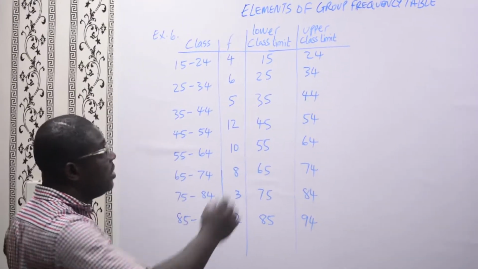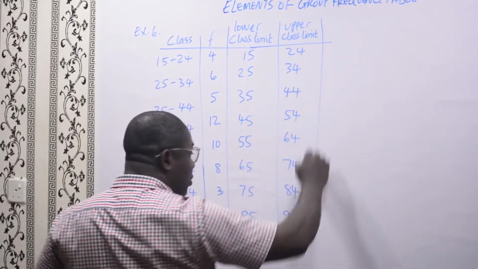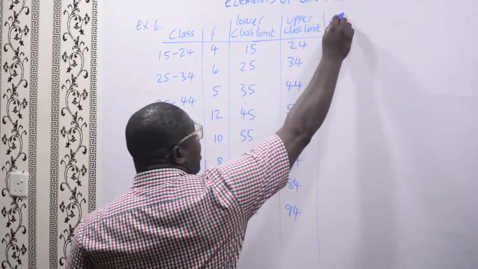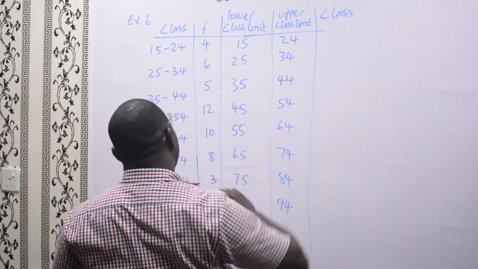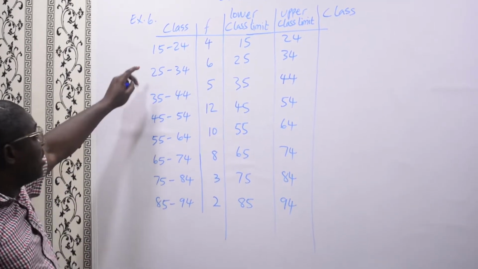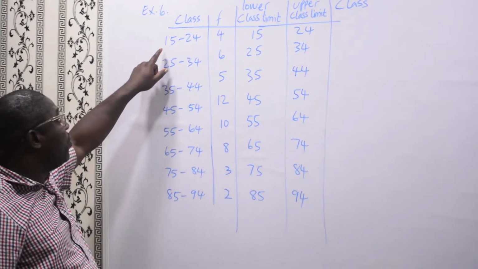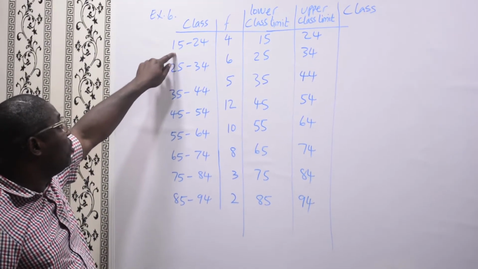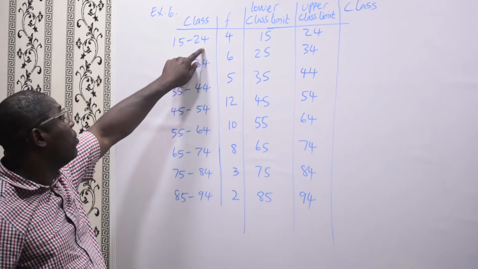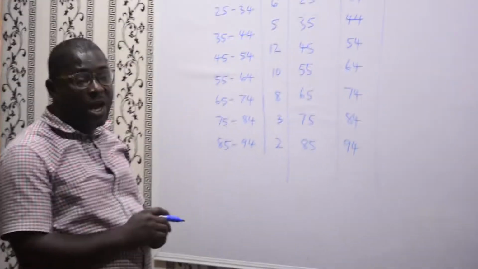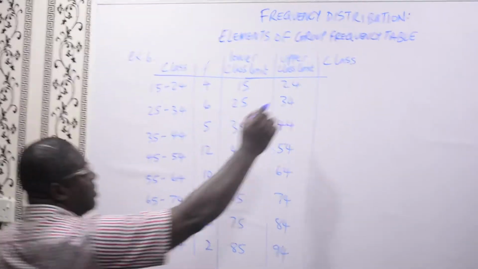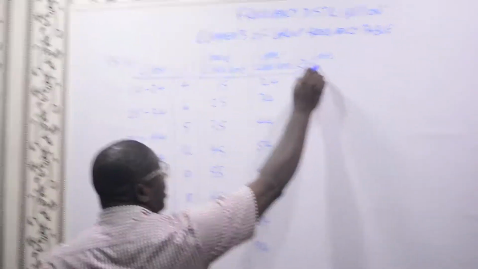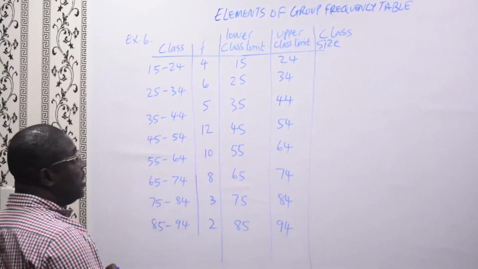In this case, for each of the classes that we have here, you will realize that in the first class we have 15 to 24. And so for us to count, we realize that the class size is 10.